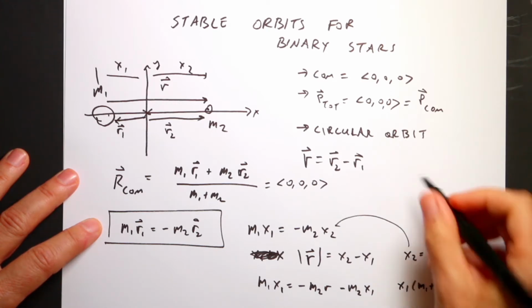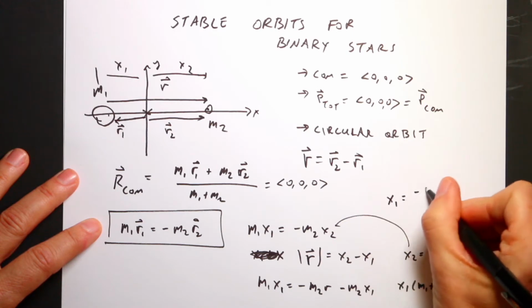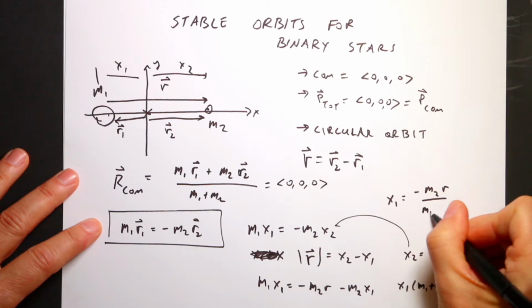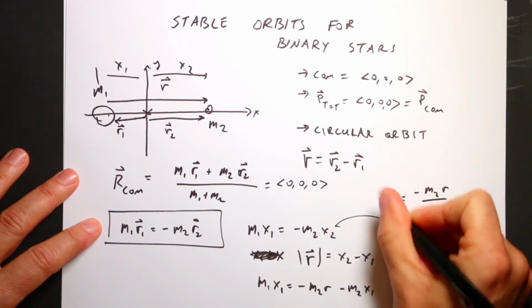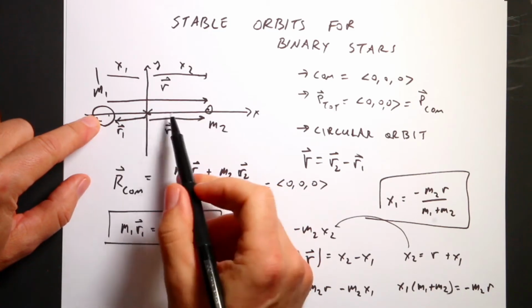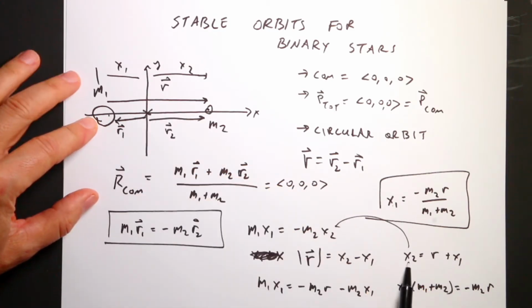And from that, I can solve, I'll put it right up here, x1 is going to be negative m2 r over m1 plus m2. So if I know the masses and I know the distance between them, I know where to put mass 1. And then I can find out where to put mass 2 by just adding that to r.